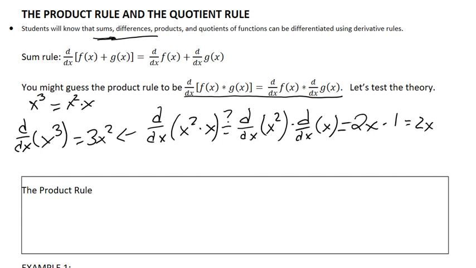So this is not true. And this is the road that the people who discovered calculus took right away. They tried that first and discovered right away that it just doesn't work. So the product rule is not quite as simple as the sum rule.